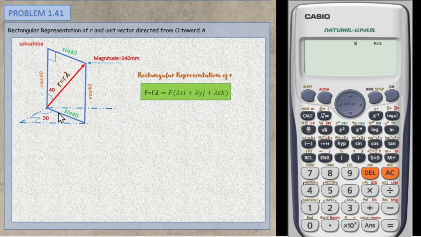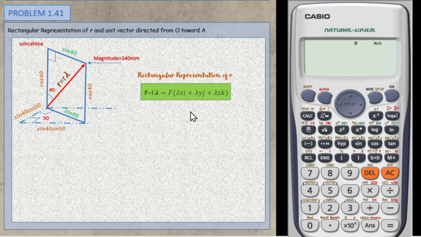This is our hypotenuse, this is our opposite side, and this is our adjacent side. For our opposite side, it is hypotenuse sine 40 times sine theta, which is sine 50. Therefore, this is sine 40 sine 50. And here, hypotenuse sine 40 times cosine 50 since adjacent, so this will be sine 40 cosine 50. Now we have completed our values for our unit vector.